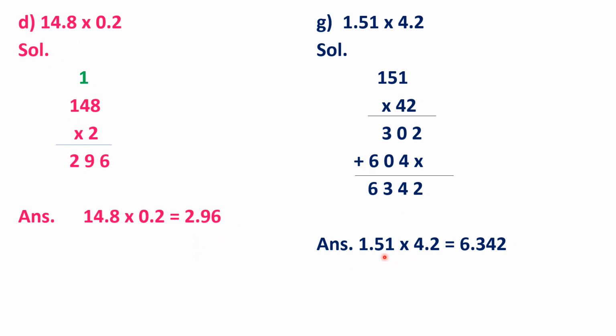In the first number we have two digits and in the second number we have only one digit. So total we are getting three digits. So in the number 6342 we will count three digits from the right hand side, that is 2, 4 and 3. Three digits are there and then only we will put the decimal point. So our number will become 6.342.